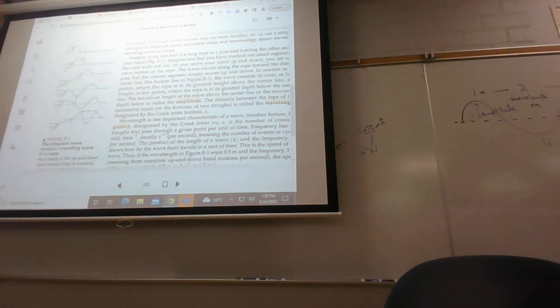Energy of light is related to the amplitude. The higher the amplitude, also called intensity, the more intense the light is, the more energy. That is, the brighter the light bulb, the greater the intensity, the greater the amplitude of the light, the greater the energy. And so energy of light is related to the amplitude.